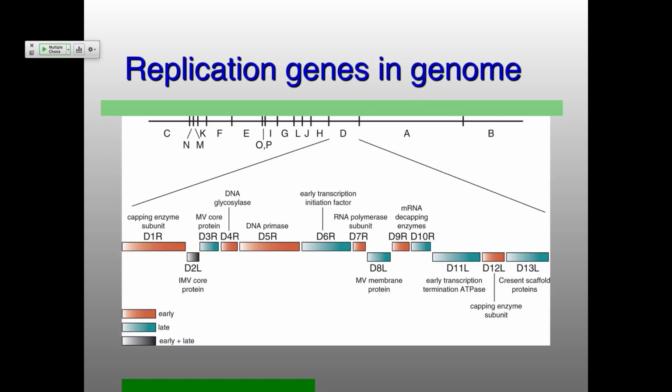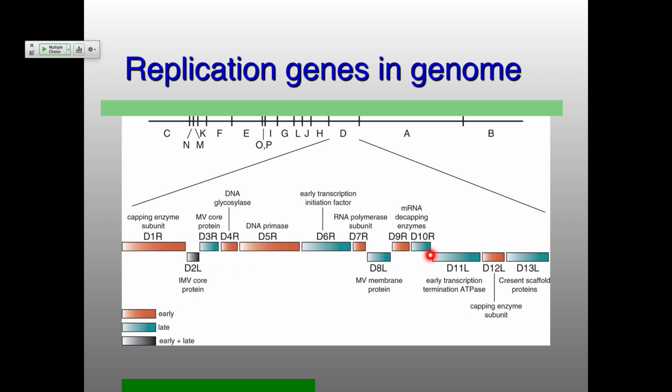What are the proteins that are doing this? They're all mixed up in the genome. So remember, I think David pointed this out nicely, early genes, late genes, etc. Here, they're all mixed up in between each other. So here's a classic structural protein. It's the core protein. We'll look at that a little bit later on. This would be a late protein, but it's right next to early proteins, and then you've got core proteins that are made early and late.